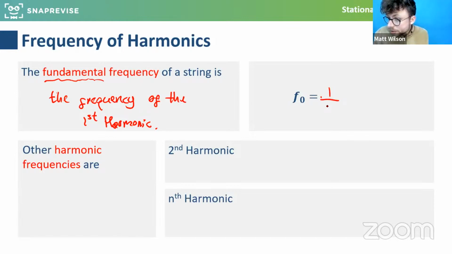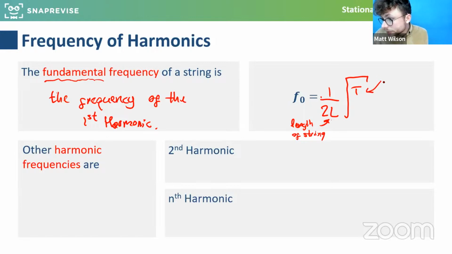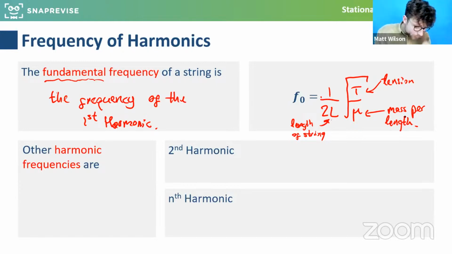The formula says the fundamental frequency that we just defined is 1/2 times the length of the string, times the square root of the tension in the string divided by mu, which is the mass per length of the string. So this is a formula that will let you solve problems; we'll see a couple more exam questions at the end.